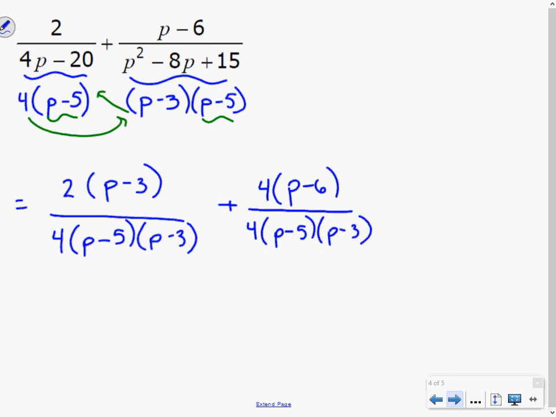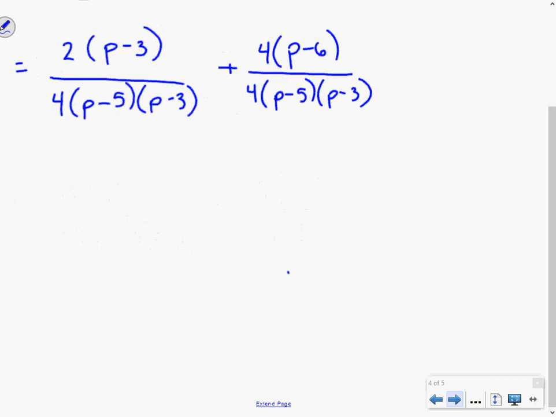Okay, so now let's actually add. We have 2 times p minus 3, plus 4 times p minus 6. We are going to have to multiply that stuff back together so that we can combine like terms and then refactor.